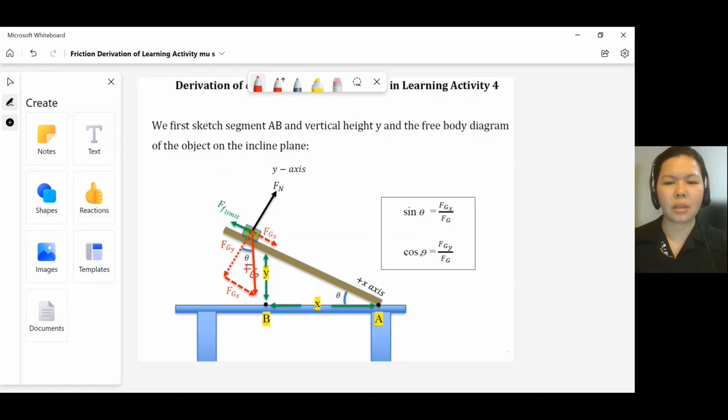Looking at cosine theta, we have adjacent side FG sub y over hypotenuse FG. So sine theta equals FGX over FG, and cosine theta equals FG sub y over FG.